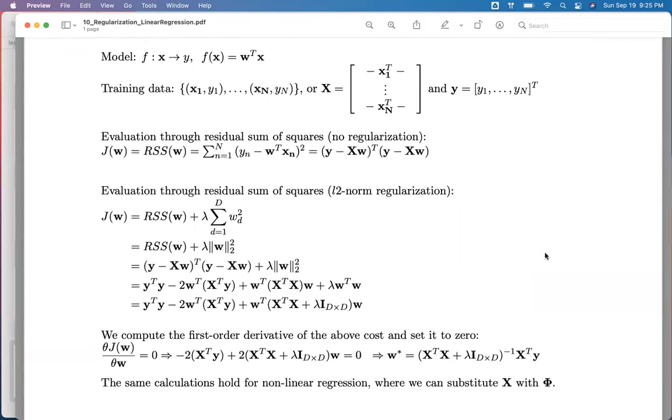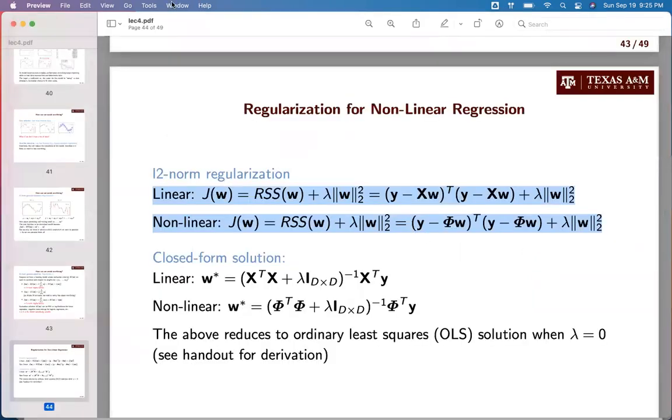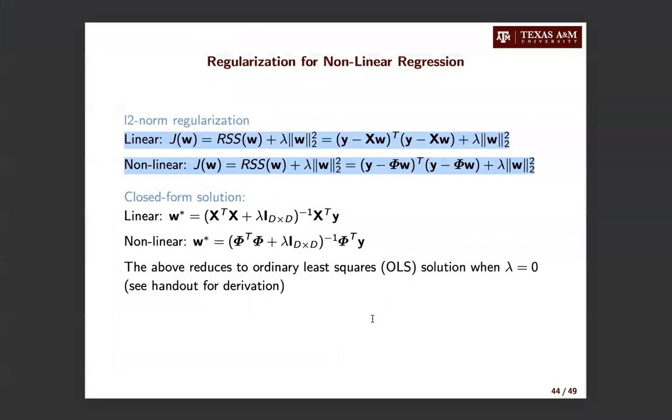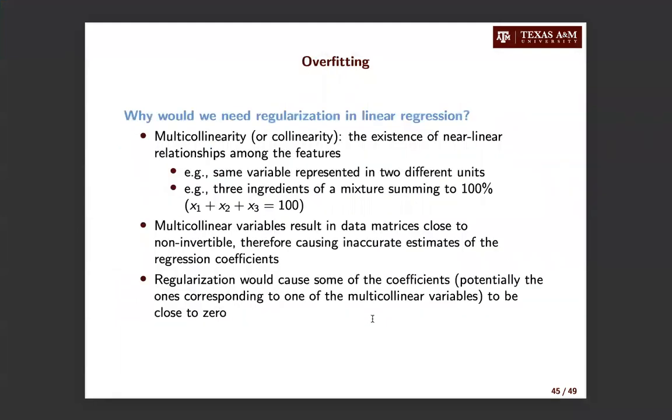So let's go back to our slides now, after we have seen that there is a closed form solution to this regularized regression problem. Another question would be, why would we need regularization for linear regression? Sometimes it happens that we have a very large number of features in our linear regression models that might not all be relevant to our outcome, or they might also be very redundant with each other.